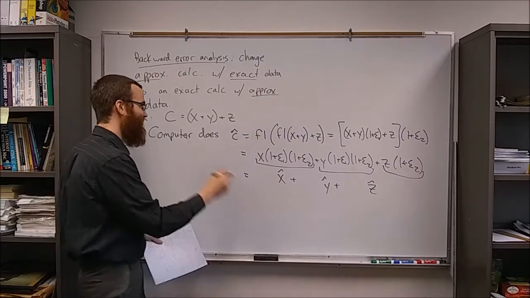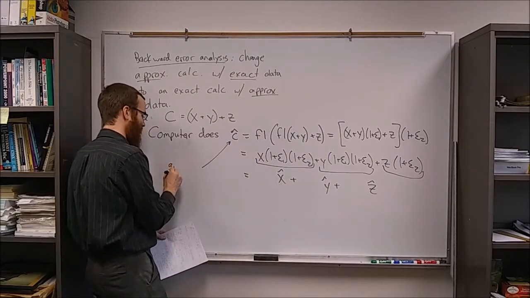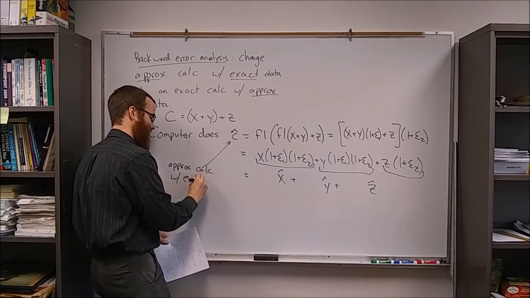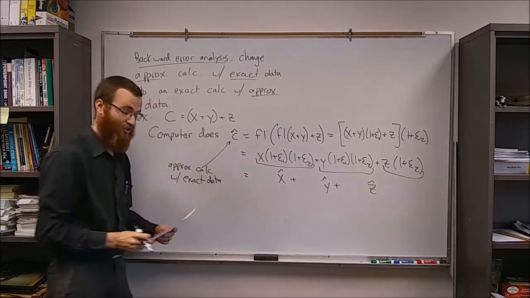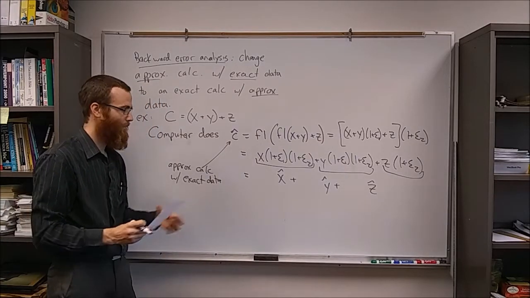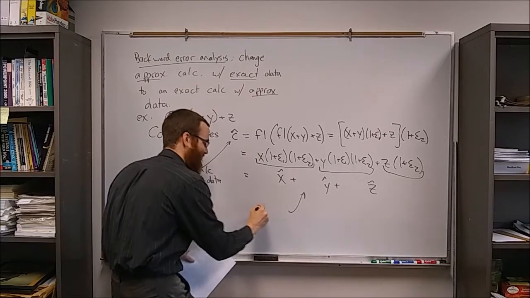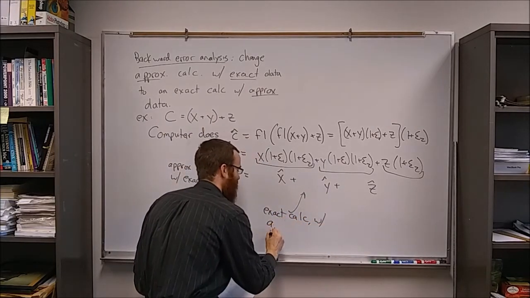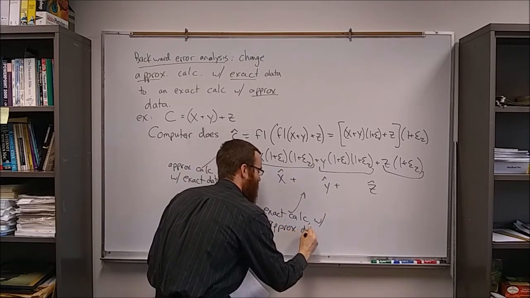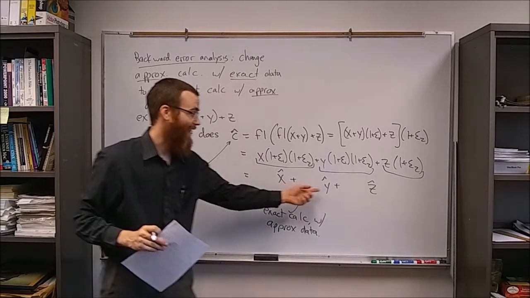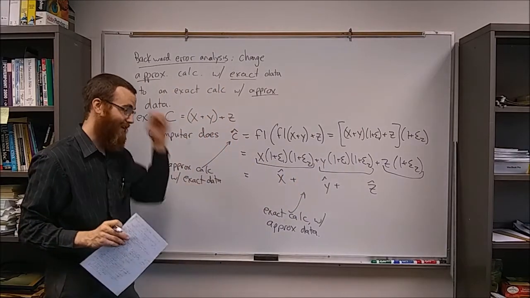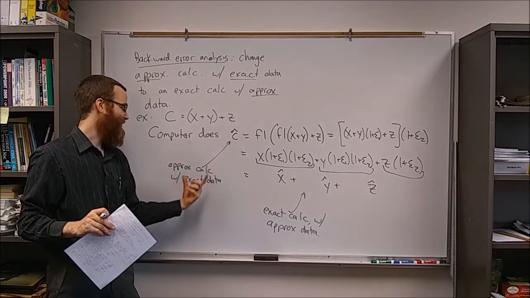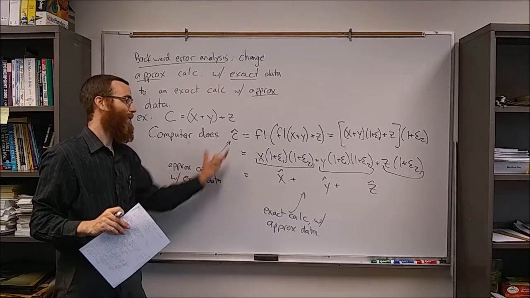And so, instead of an approximate calculation with exact data, which is what c hat represents, now we can think of it as an exact calculation with approximate data. So here the x hat, the y hat, and the z hat are the approximate data, and we're doing an exact calculation. We get the exact same answer as if we did the approximate calculation with exact data.